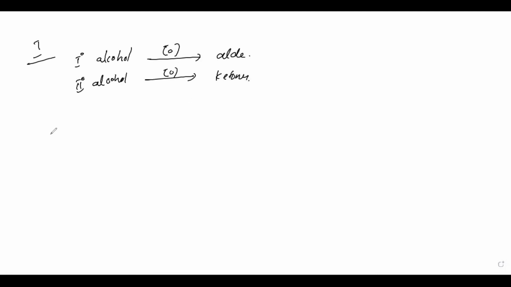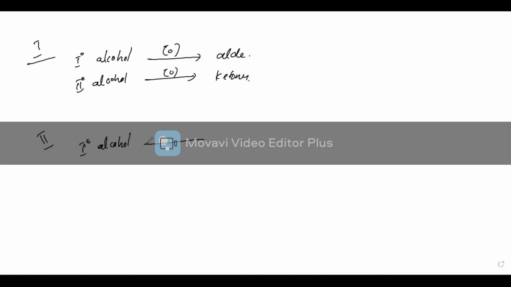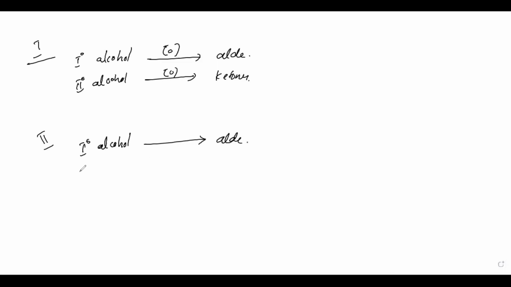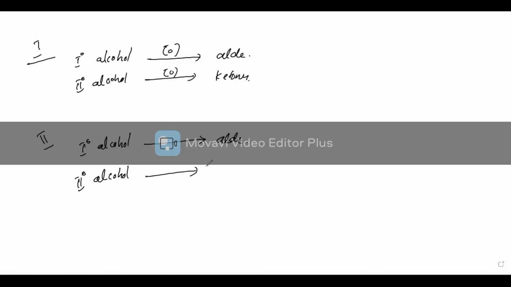Clear? Second one, the dehydrogenation process. When primary alcohol is vaporized in the presence of copper at 573 Kelvin, we get aldehyde, and when secondary alcohol is vaporized in the presence of copper, we get ketone.